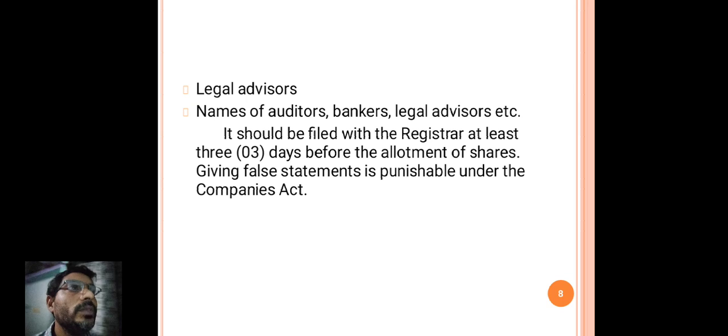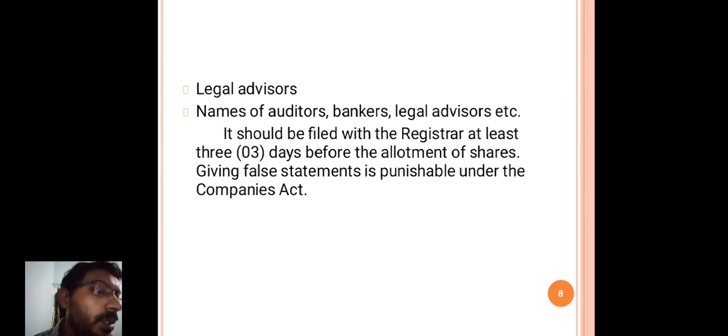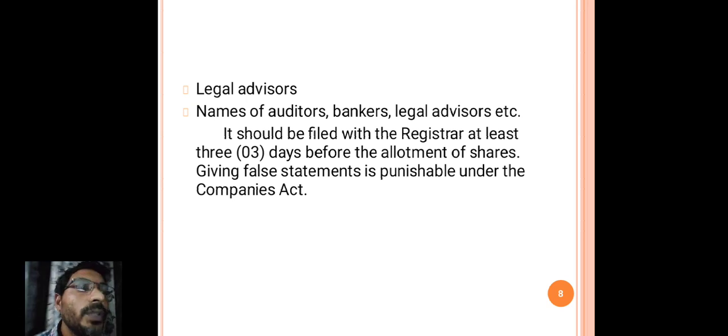The people who submitted the documents in the process of incorporation of a joint stock company, while submitting the memorandum of association or articles of association, if any information is wrong, the persons who submitted this will be punishable as per the Indian Companies Act.